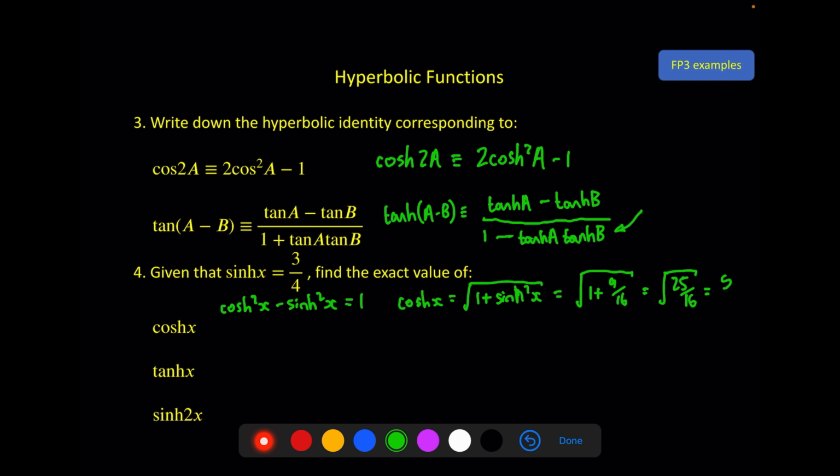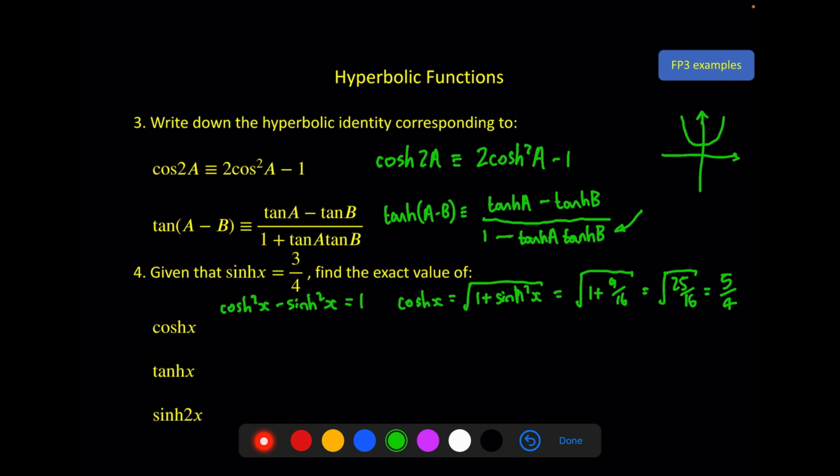Square root of that, 5 over 4. If you think about your graph, cosh x in terms of the range cannot be less than 1. So 5 over 4 must be the answer, not negative 5 over 4, despite being a square root, because of the definition of cosh x, the limit on what that can be.